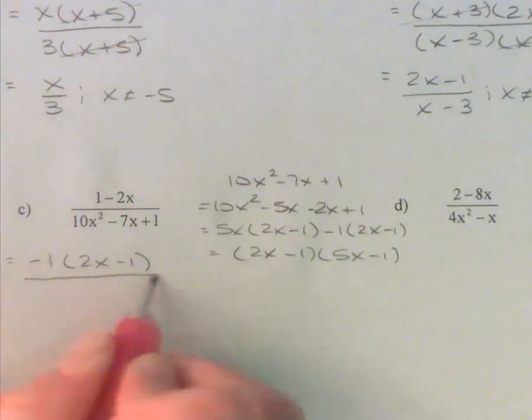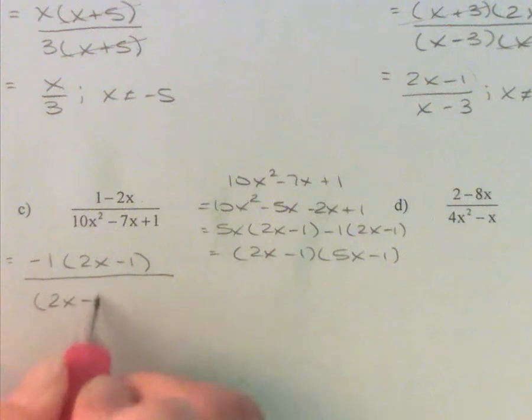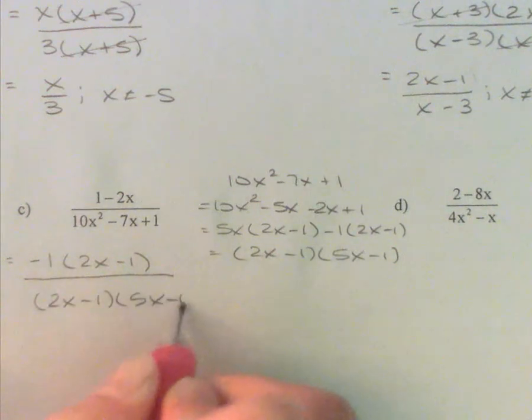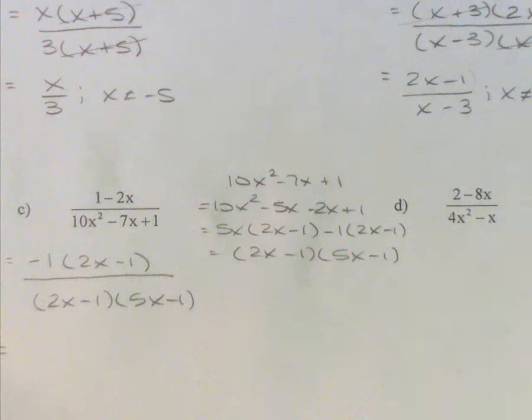So the denominator becomes 2x minus 1 and 5x minus 1. So I can simplify this bracket with this bracket now that it's completely factored. So I'm left with minus 1 on top and 5x minus 1 on the bottom.